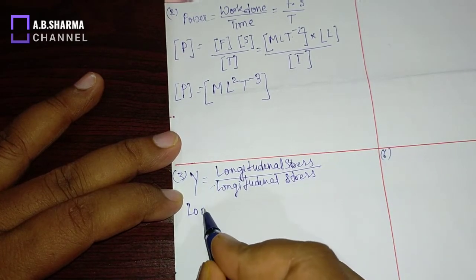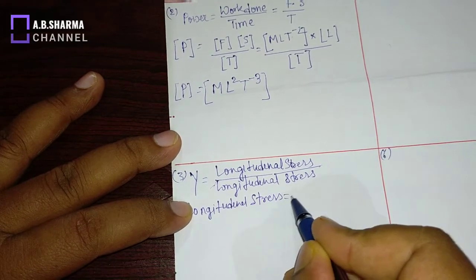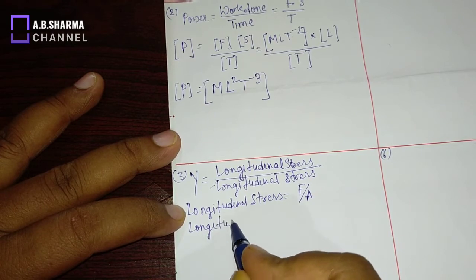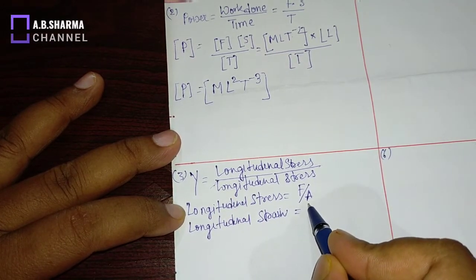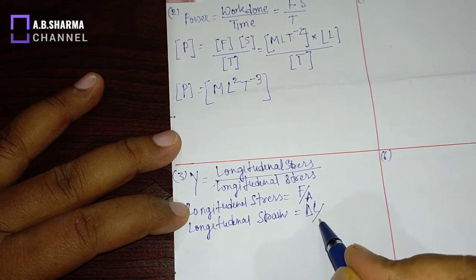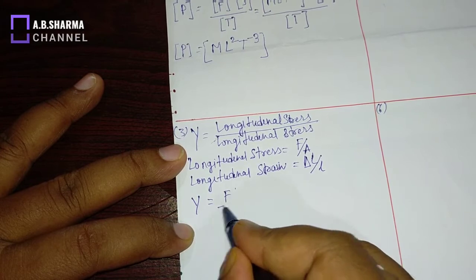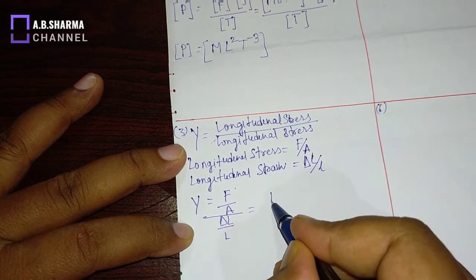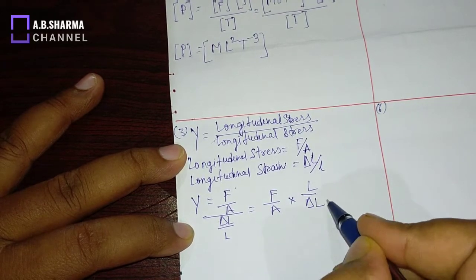So longitudinal stress equals force over area, and longitudinal strain equals change in length by original length, that is delta L over L. So the formula of Y, that is Young's modulus, will be force by area divided by change in length by original length, and calculating this will be force by area multiplied by L over delta L.